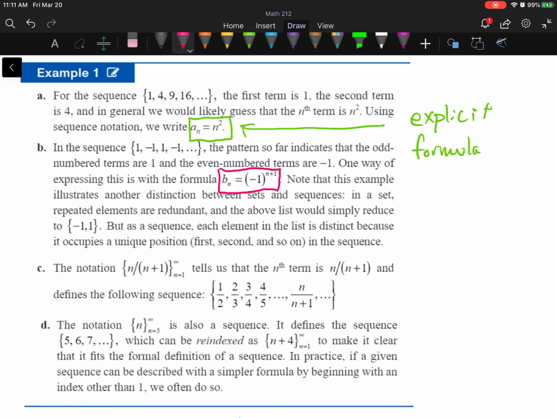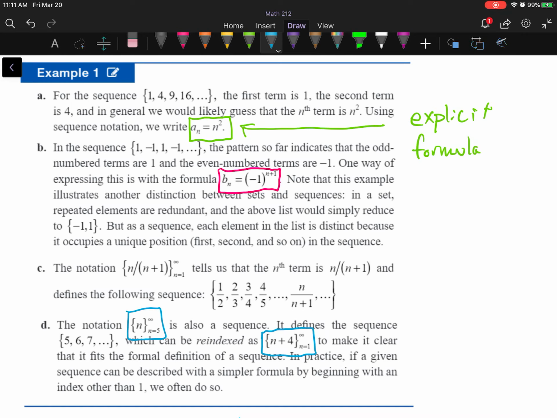And finally, part D here, you can see that we're using the notation curly braces n from n equals 5 to infinity. And here we have cleverly re-indexed our sequence so that it's in a simpler form. It would have been more straightforward to write this sequence initially starting at n equals 1 and going to infinity as n plus 4, but this one up here is just nicer to look at if we start off at n equals 5.